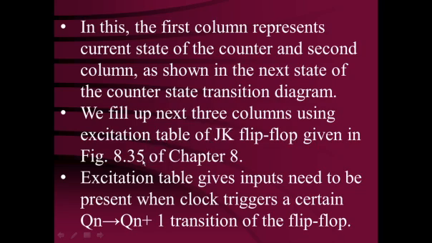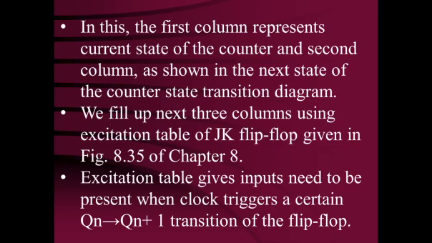That means whatever you studied last time, what is the requirement of J and K, or S and R. If you are utilizing a JK flip-flop, then what inputs depend upon the present state of the output. So from the present state, if you want to go to the next state, what kind of inputs must be present at the input of the flip-flop so that when the next clock pulse arrives, it makes a transition from Qn to Qn plus 1.